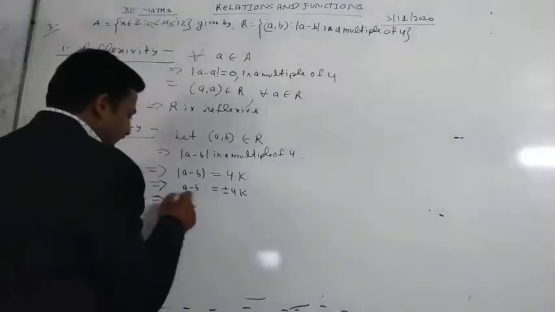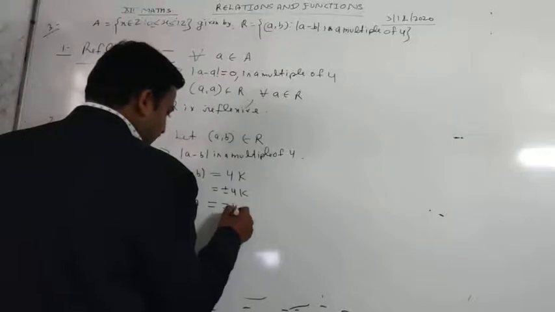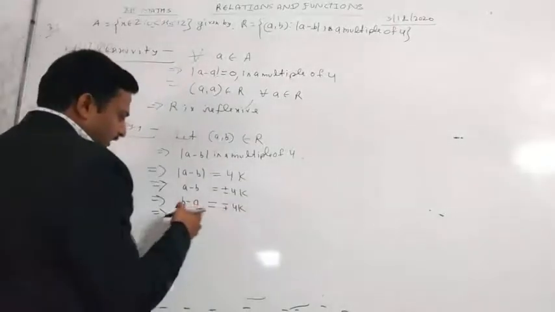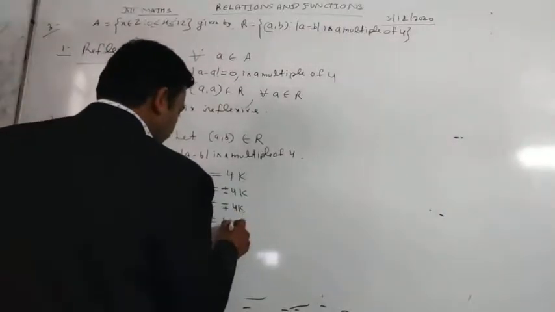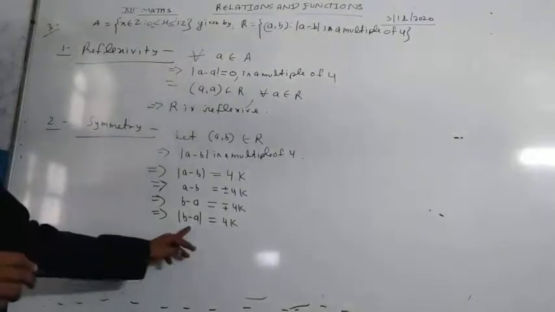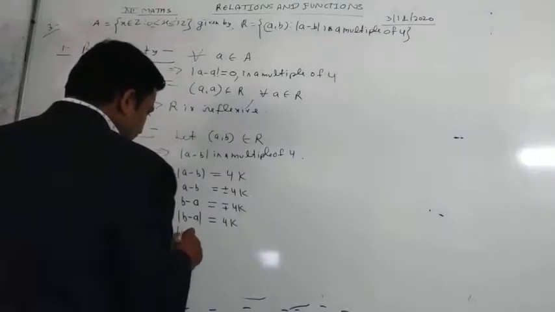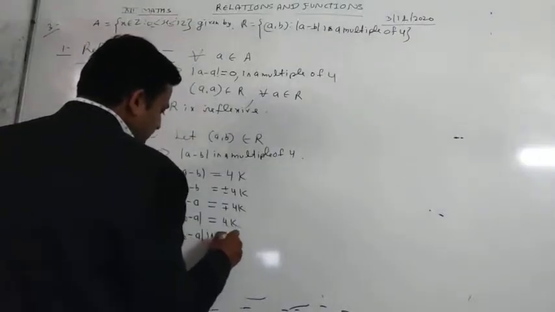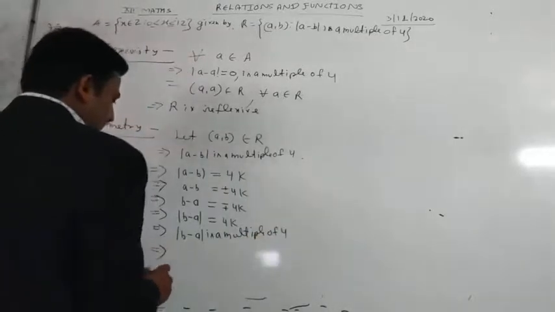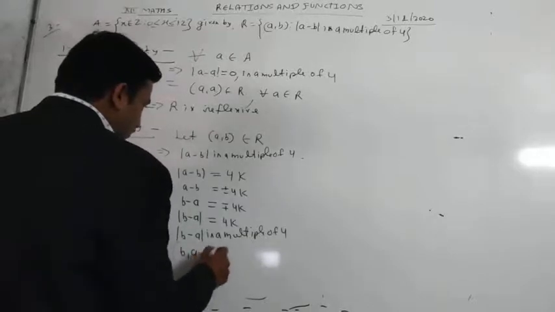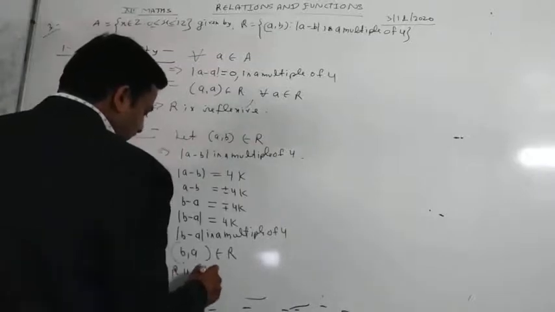Now we can write b minus a, which is equal to minus plus 4k, and this we can write as modulus of b minus a, which is equal to 4k. Okay, b minus a is equal to 4k, and this we can write as b minus a is a multiple of 4. So this we can write that (b, a) belongs to R. So this implies R is symmetric.